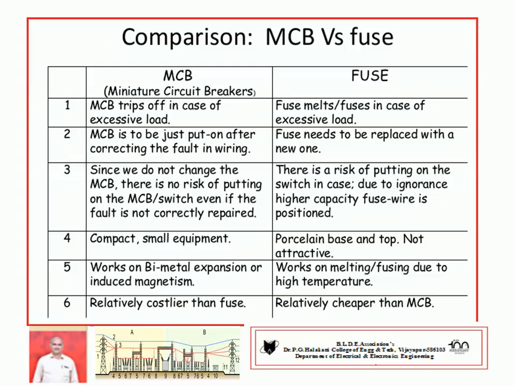Fuse wire goes on melting. So the last one, MCB has high reliability, fuse has less reliability. Hence, MCBs are more useful in distribution electrical networks. Fuse is also used where reliability is a secondary consideration. Thank you to one and all.